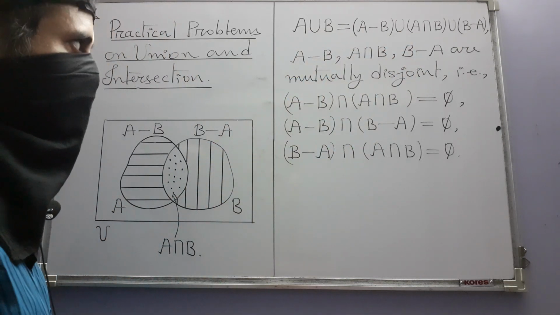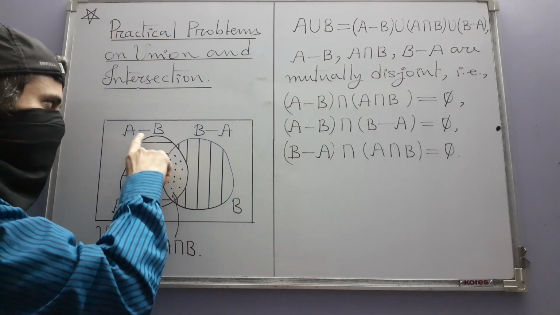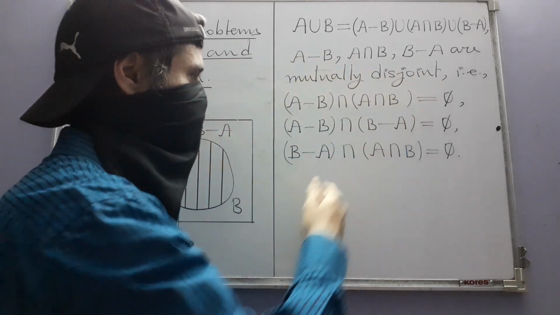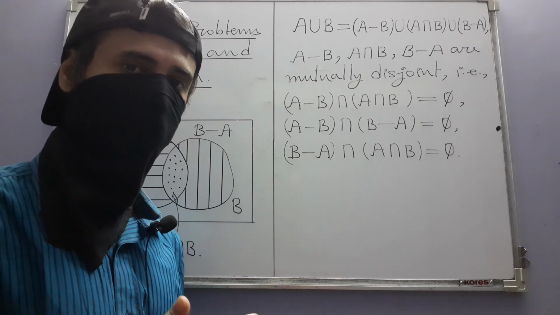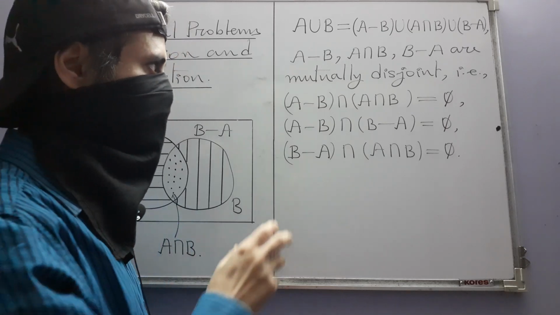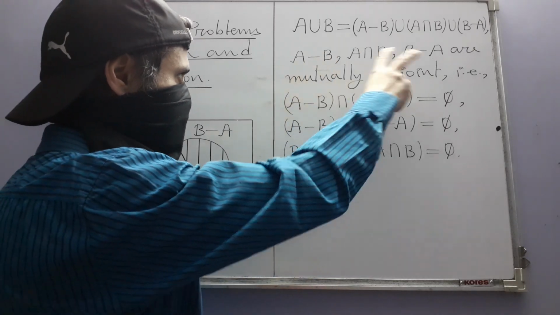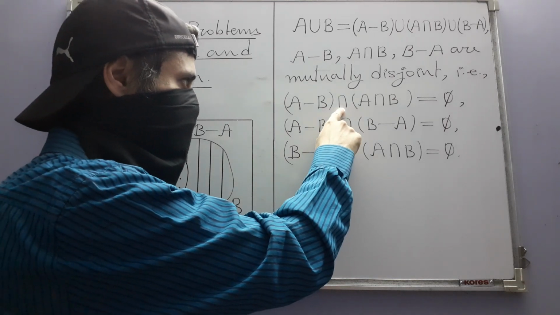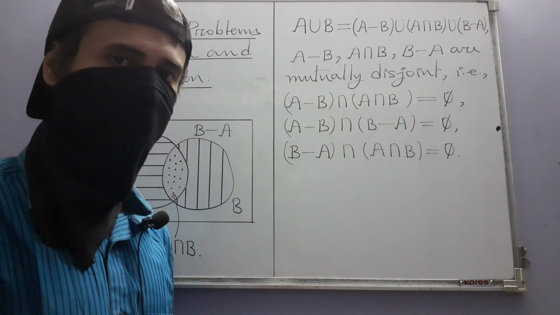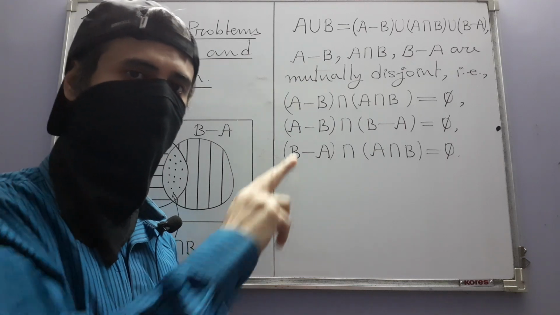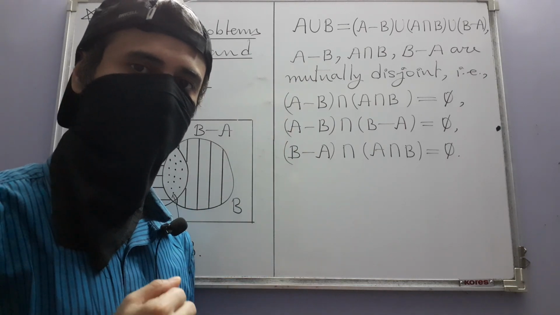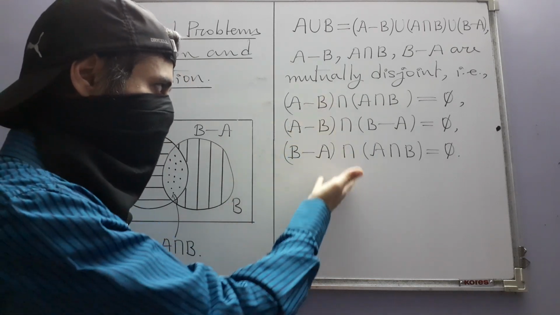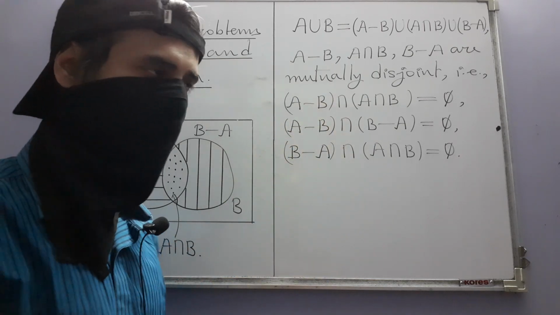Another fact is that these three sets form a family, or a collection, of mutually disjoint sets. In other words, if you take any two of these three sets and take their intersection, that intersection is empty. In other words, any two sets out of these three sets are disjoint, which is what we have written here. And these facts also can be similarly proved.